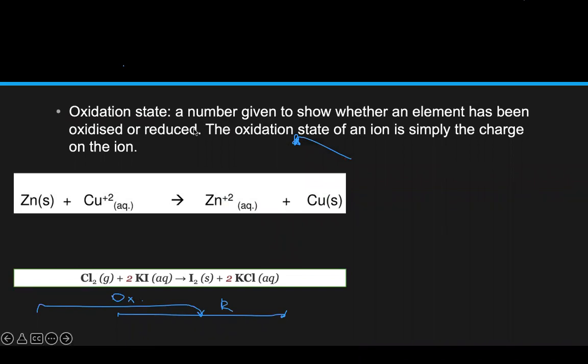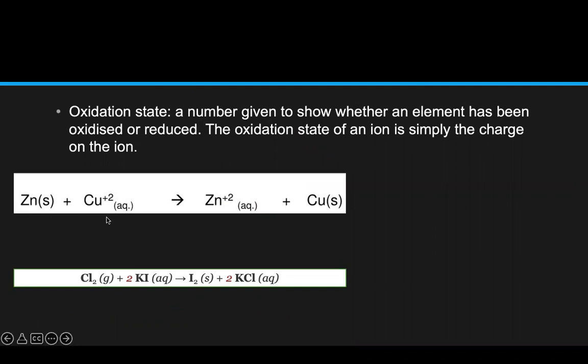So oxidation state is a number given to show whether an element has been oxidized or reduced. So it's a number simply given to an element to show whether it's oxidized or reduced. And the oxidation state of an ion is simply the charge on the ion, as we mentioned.